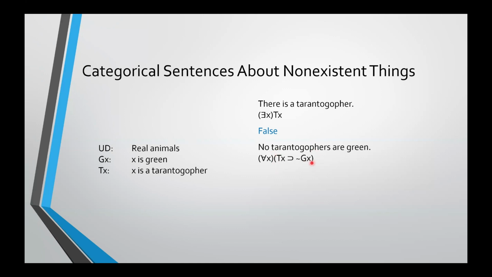So for the entire universe of discourse, this turns out to be true. So this E sentence, no Tarantagophers are green, turns out to be true on this universe of discourse, because it is satisfied by every animal, since none is a Tarantagopher.